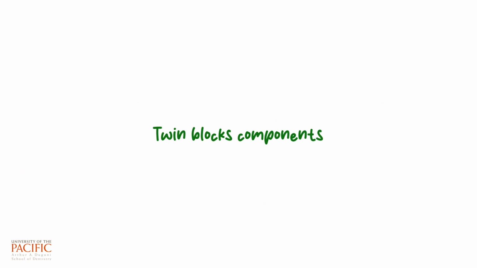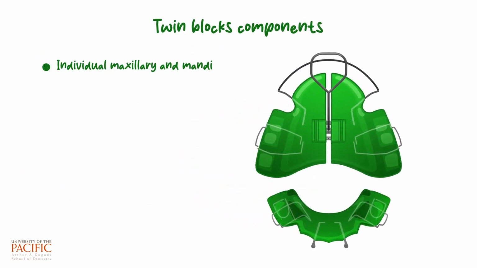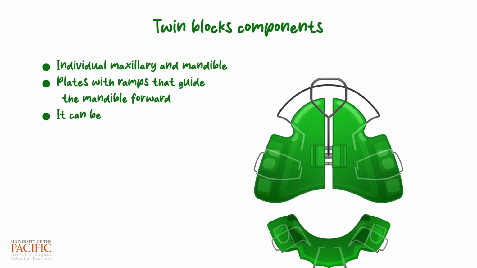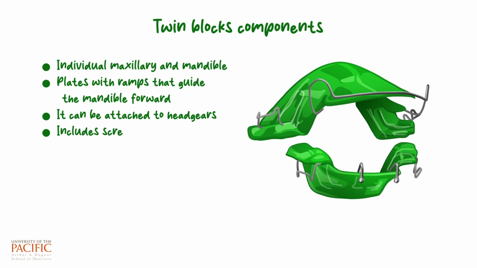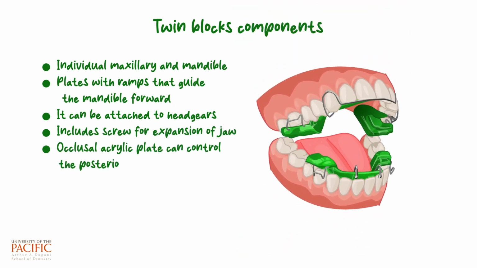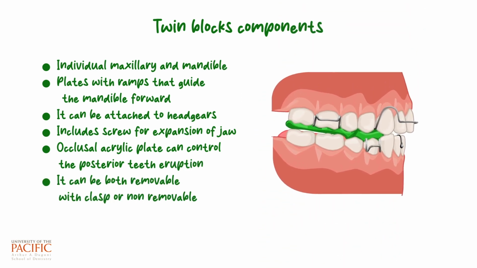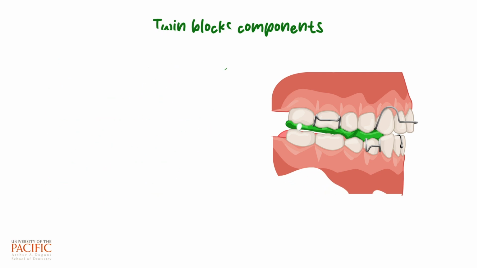The Twin Block is another removable appliance and consists of individual maxillary and mandibular plates with ramps that guide the mandible forward. It can be attached to headgears and include a screw for jaw expansion. The Twin Block can be either removable with clasps or not removable and cemented.